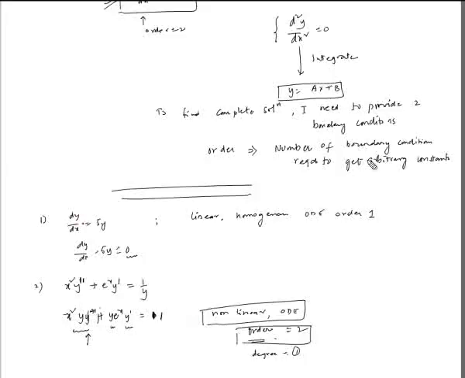For example, dy by dx is 5y, and if we express it in the form we have discussed, it becomes a linear homogeneous ODE with order 1. Now, for the second example, when I take y to the left hand side, it becomes something like this.